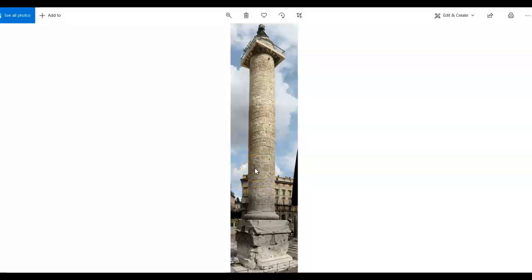Even these, this is kind of a neat piece here. This is called the Column of Trajan, and Trajan was one of the general emperors of Rome. And this column actually still sits in the middle of Rome. You can see there's some railing around here to protect it. But then this spiraling, basically carved bas-relief going up to the top here is telling about all the exploits, battles, and this and that of Trajan's life here.